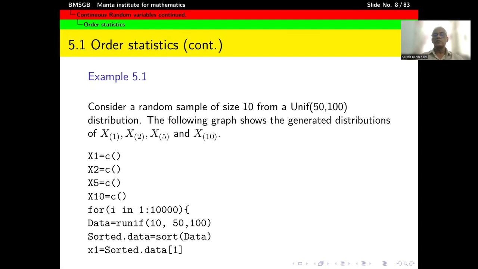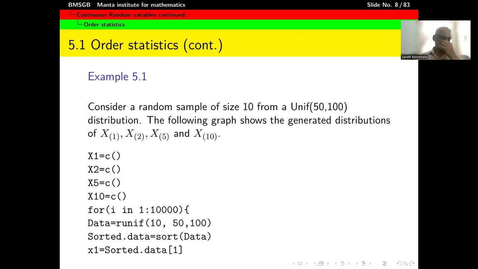We are taking a random sample of size 10 from this distribution. So we can discuss two quantities, that is capital X1, capital X2 up to capital X10, which represent the random variables. So capital X1 up to capital X10 here is a random sample from a uniform 50-100 distribution.